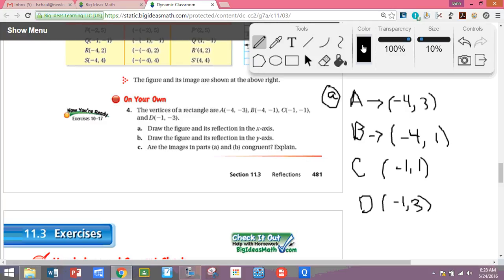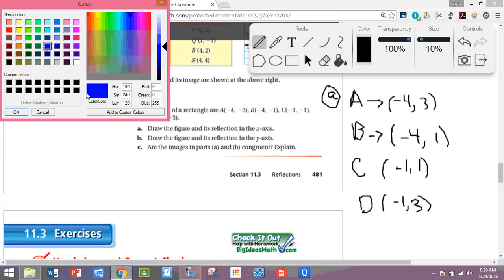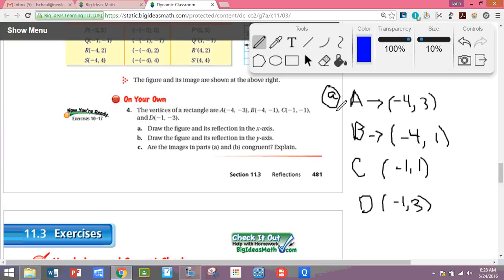So for B, we're going to do now the y-axis, so I'm just going to put those next to it right here. My point A is going to now be 4, -3. My B is going to be 4, -1. I think I said that backwards before.